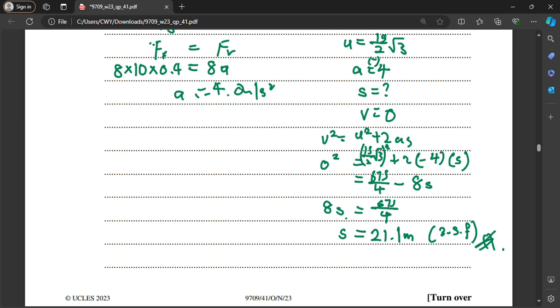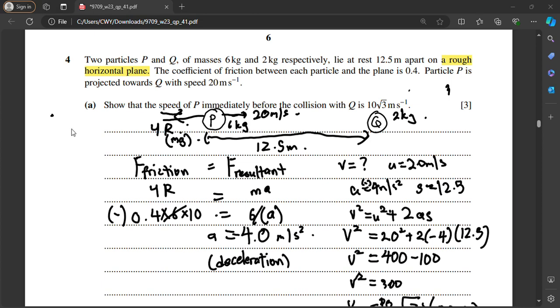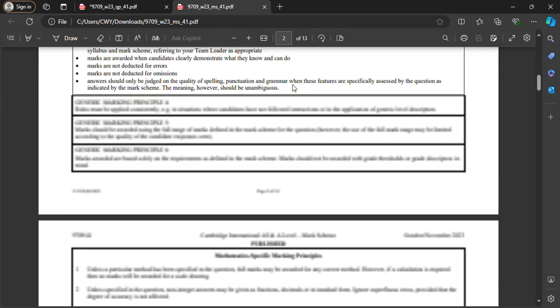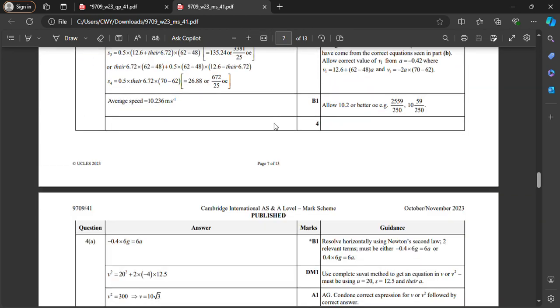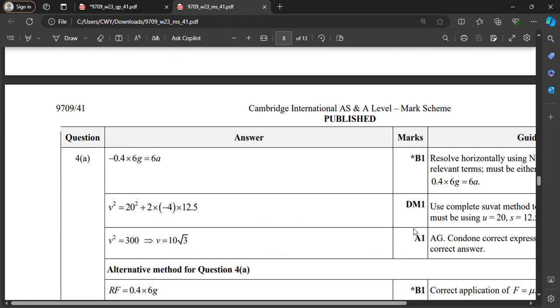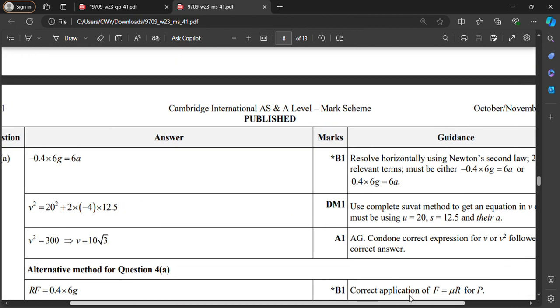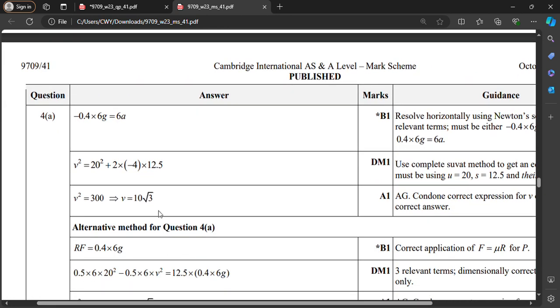This is quite challenging. You have to think a bit. Anyway, let me show you the mark scheme. Hopefully I did it correctly. Question 4. The first one is 10 root 3, using Newton's second law, the same thing I did.